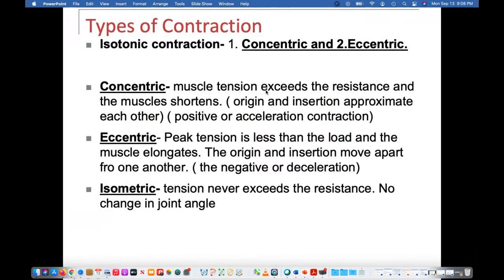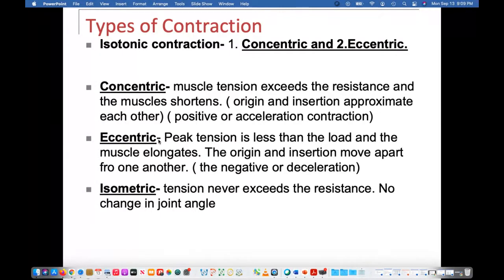Concentric is when the muscle tension exceeds the resistance. In the case of the picture, the resistance was the weight of the book, and the muscle shortened. That's where the origin and insertion moved closer together, and I said that's the positive contraction or acceleration, whereas eccentric was the negative or the deceleration.